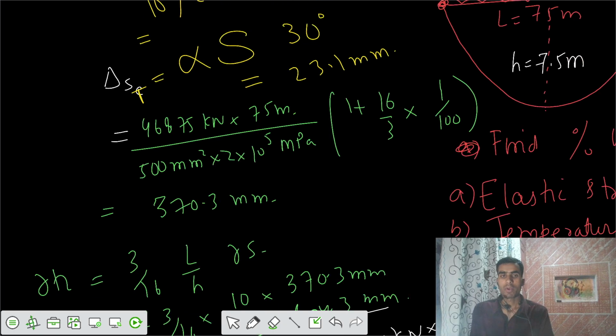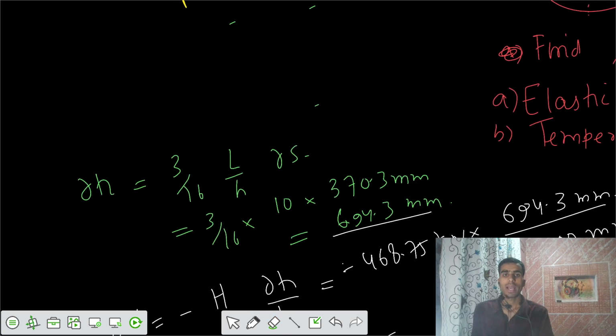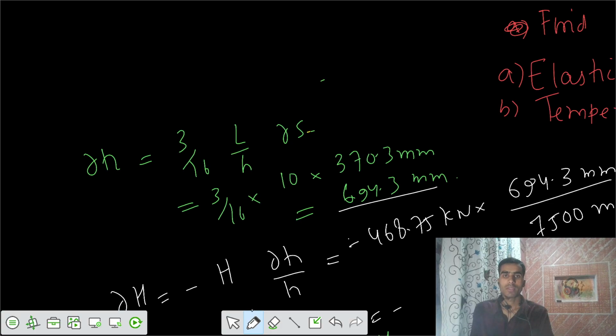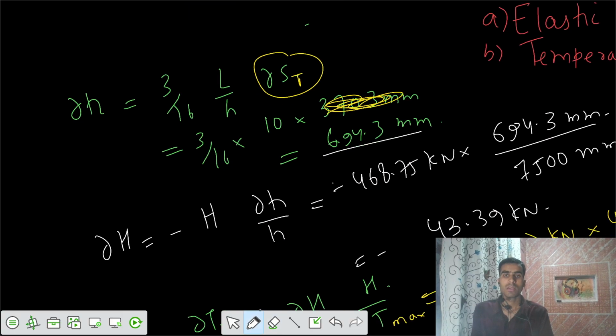Okay, and because of that, let's remove this part. Let's write this one as ∂S because of temperature change. We substitute the value we got, 23.1, and we get a result for the change in sag: 43.31 millimeter.